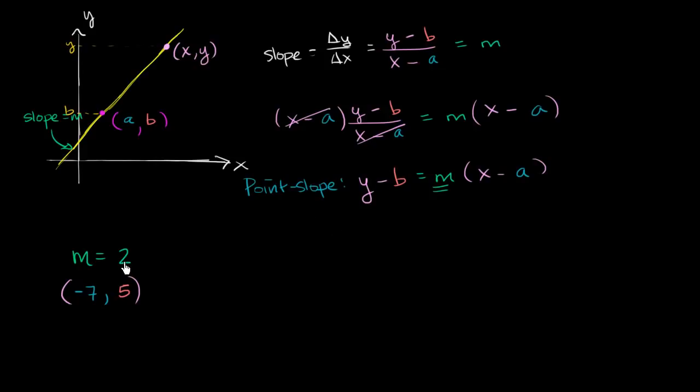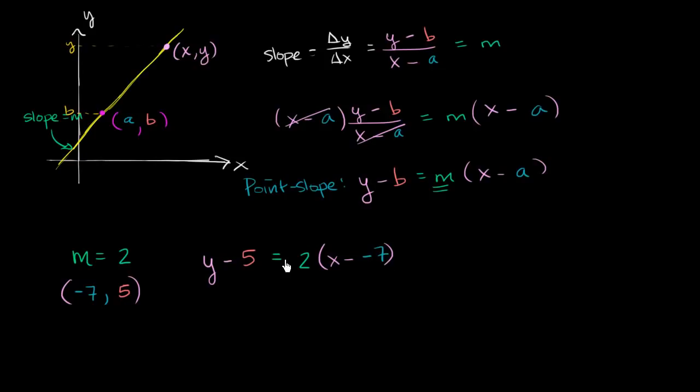You would just say, well, an equation that contains this point and has this slope would be y minus b, which is 5, so y minus the y coordinate of the point that this line contains, is equal to my slope, 2, times x minus the x coordinate, so x minus negative 7.